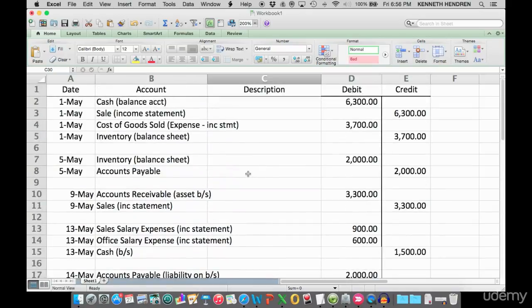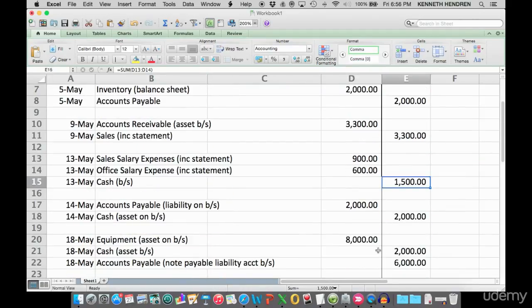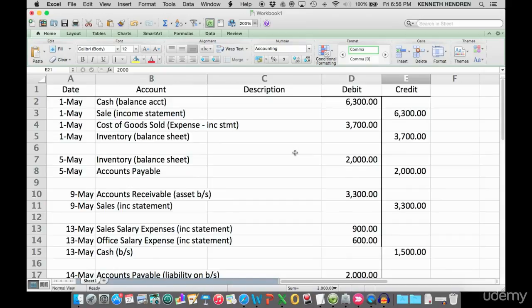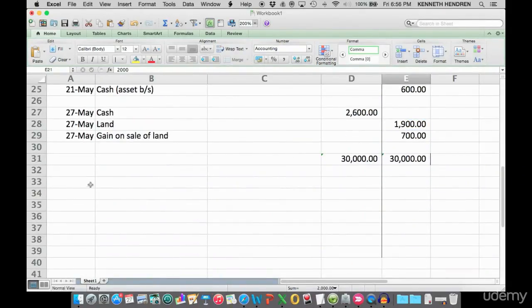And then next time, I will show you how to use these on T accounts and have a running balance of whatever is in these accounts. Because we see we increase cash, and then we decrease cash, and then we decrease cash some more, and some more, so we can use a T account to keep track of our cash balance.